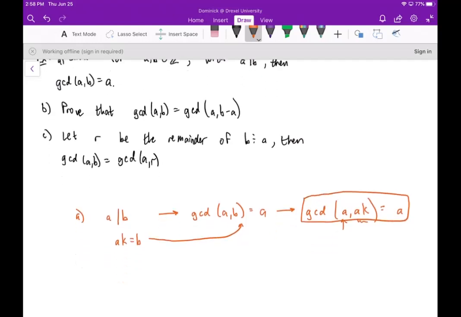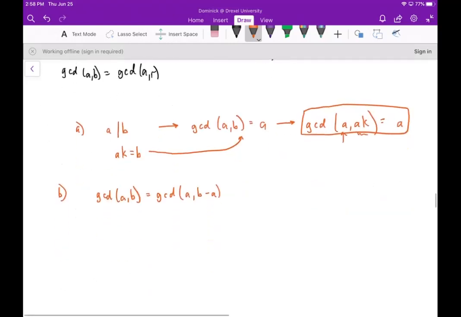Now for part B, we want to prove that the GCD of a, b is the same as the GCD of a, b minus a. Okay, now there's a couple different ways that you could do this. One way to do it is let d equal the GCD of a and b, right?